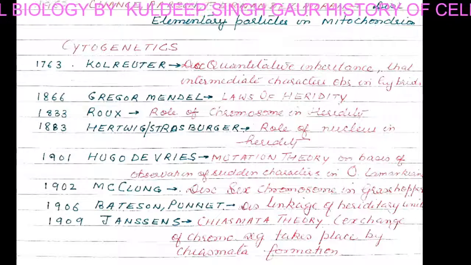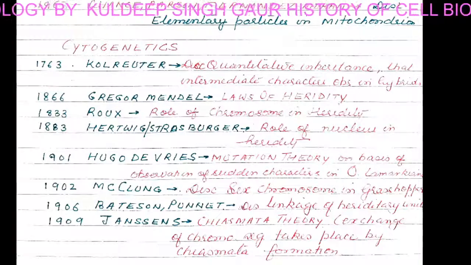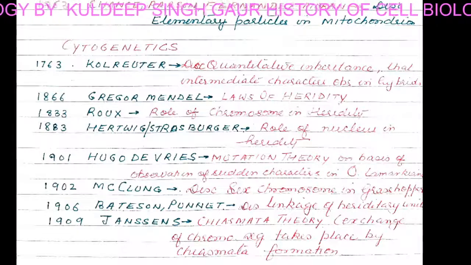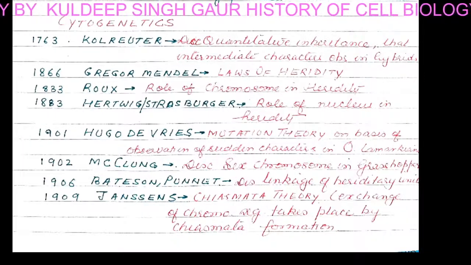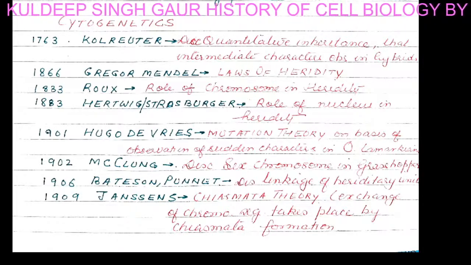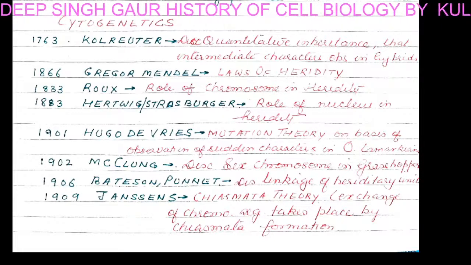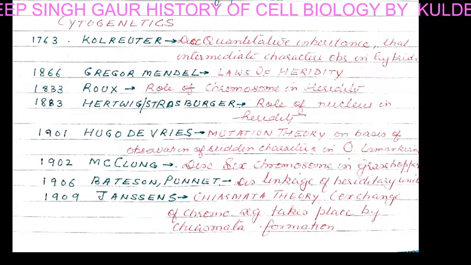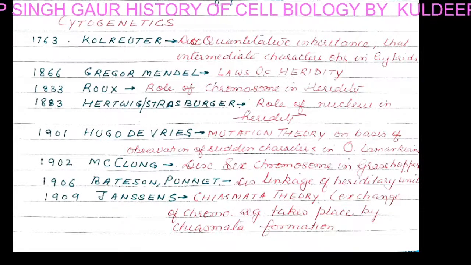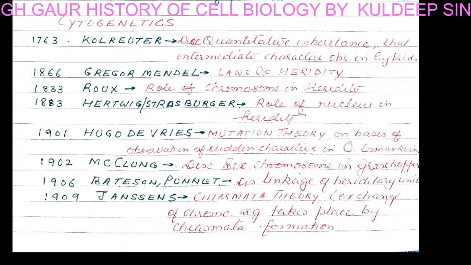Hertwig and Strasburger stated the role of nucleus in heredity in 1884. In 1900, Hugo de Vries gave the very important mutation theory, observed in certain characters in Oenothera lamarckiana. McClung in 1902 discovered sex chromosomes for the first time in grasshoppers.